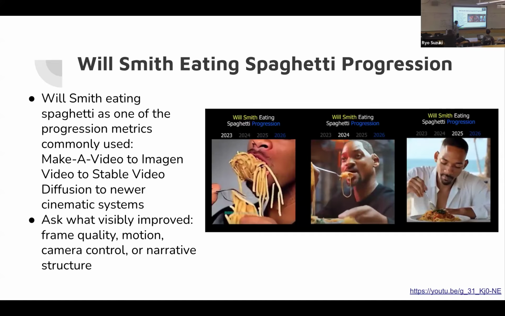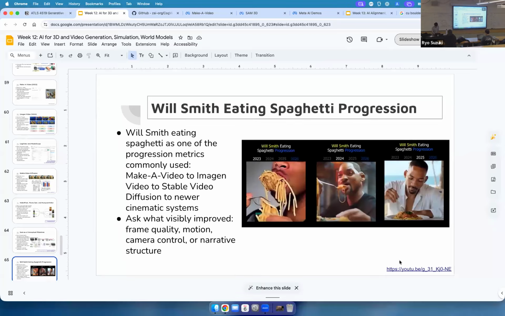It's a kind of metric for how bad video generation models were and how good they are now. There's no official benchmark, to be honest, but when the first video model came along, some guy tried to prompt Will Smith eating spaghetti, which is quite hilarious. I just want to show you how it became better.